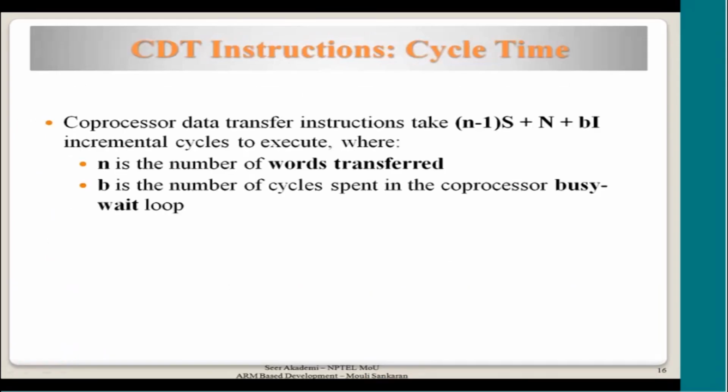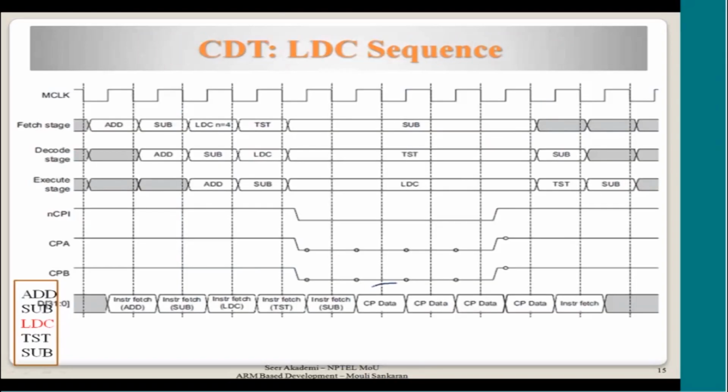Now cycle time. I have explained this for the ARM instructions. So one non-sequential cycle because of what? This particular data transfer is non-sequential because this is a new address generated, and the rest of the data transfers are sequential because all are adjacent address accesses.